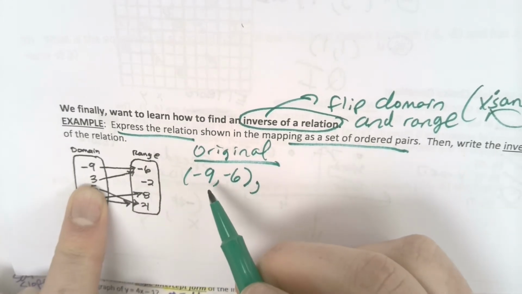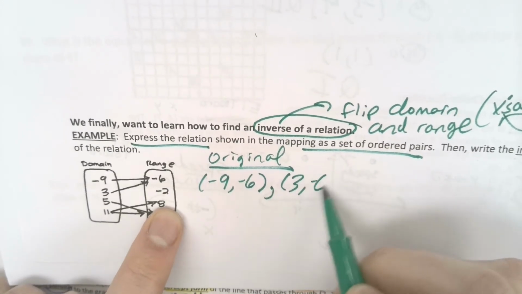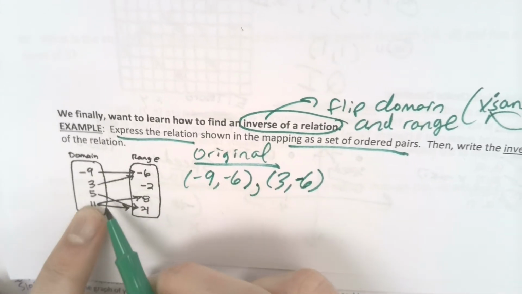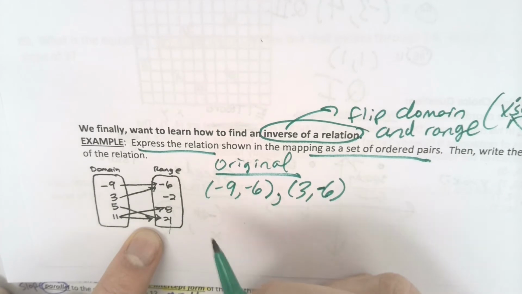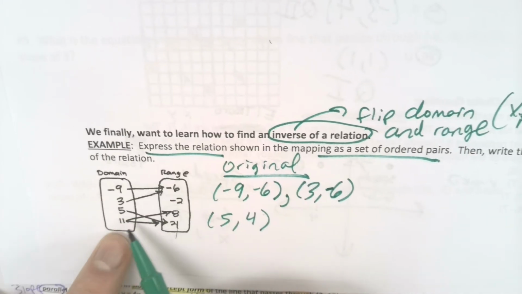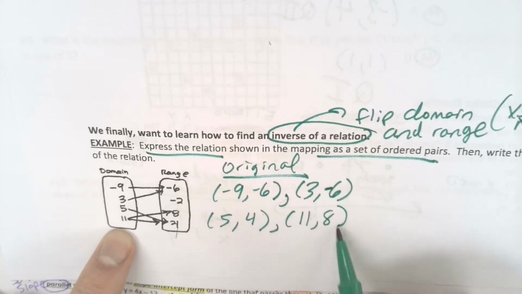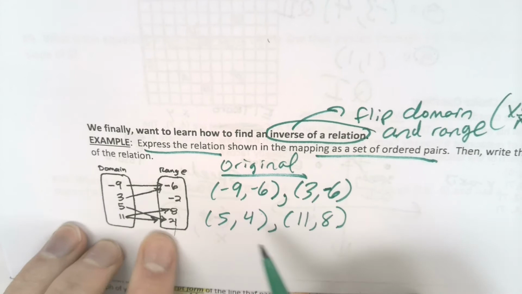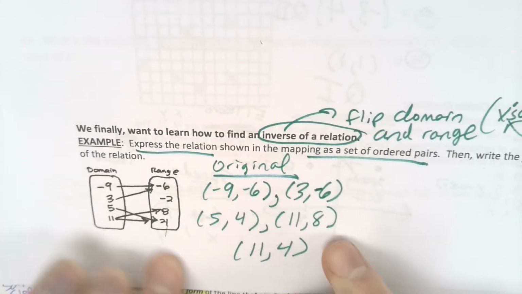Then we've got 3 going to -6. Then we've got 5 going to 4. We've got 11 going to 8. And then we have 11 going also to 4.